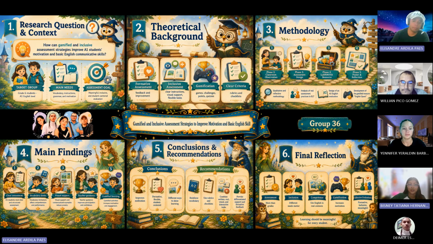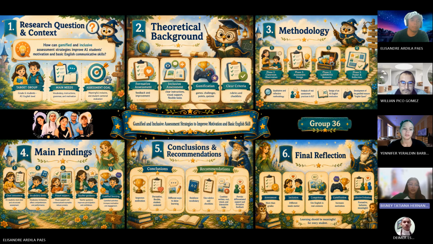Sometimes a student may understand the grammar topic, but they have difficulties because they do not know enough vocabulary. Third, visual support and contextualized examples are very helpful. Images, videos, flashcards, and real-life examples can reduce anxiety and help students understand the task more easily.